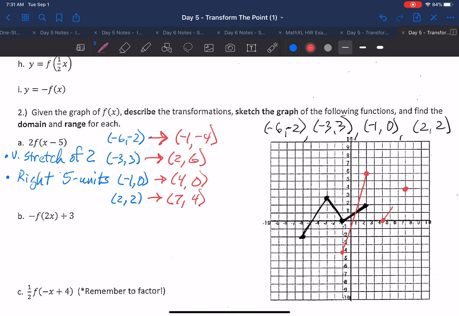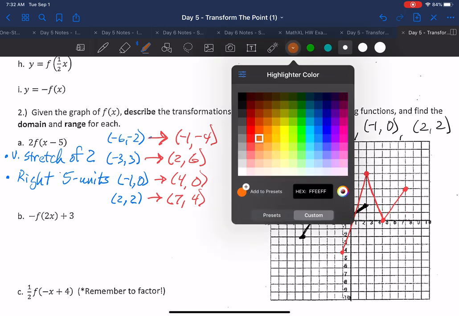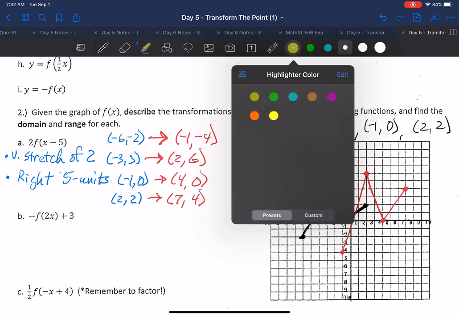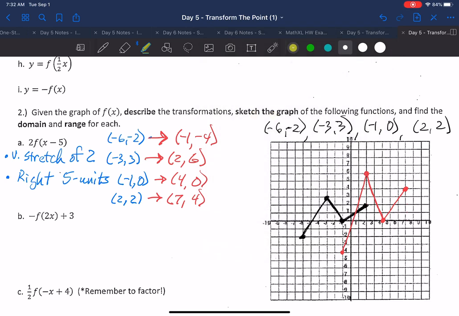Now I just connect the dots. I take these two and connect these two. Something to consider when you're thinking about whether you did it right: look at from here to the x-axis, it's 1, 2, 3.